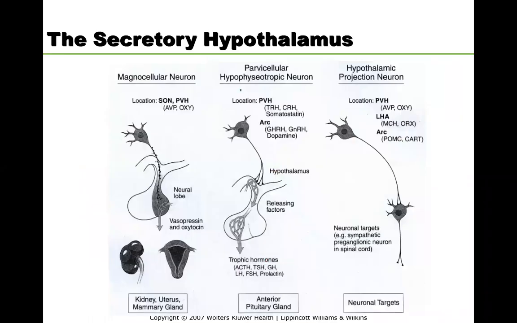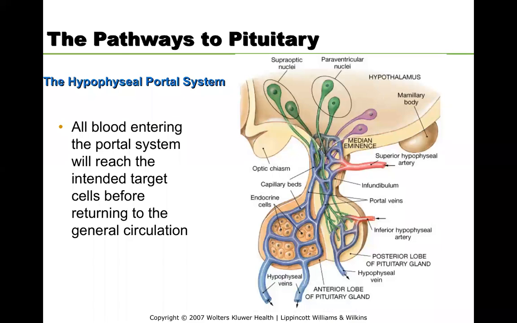There are 3 different kinds of neurons that do the task. The hormones released by the hypothalamus have direct control on the anterior pituitary because it works through a very sophisticated system known as the hypophyseal portal system.